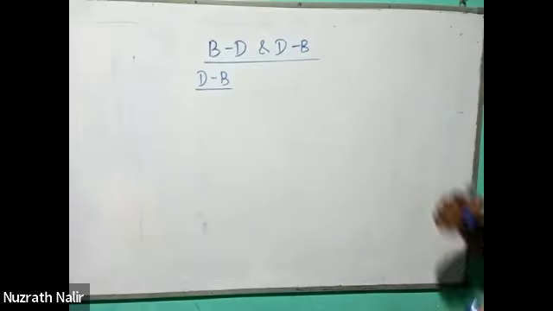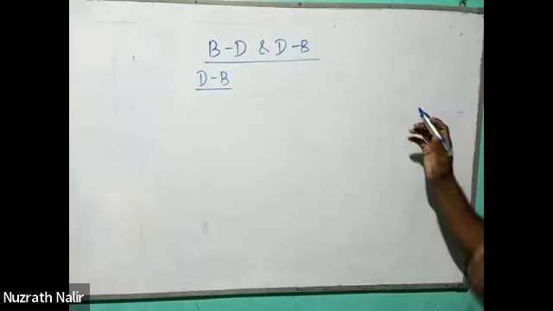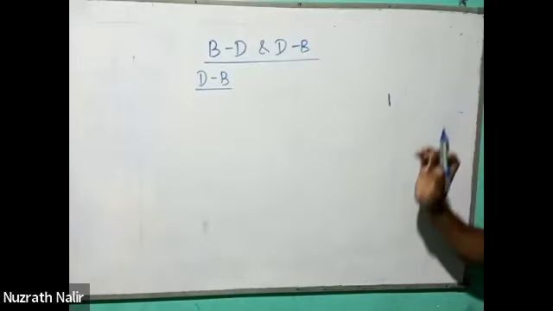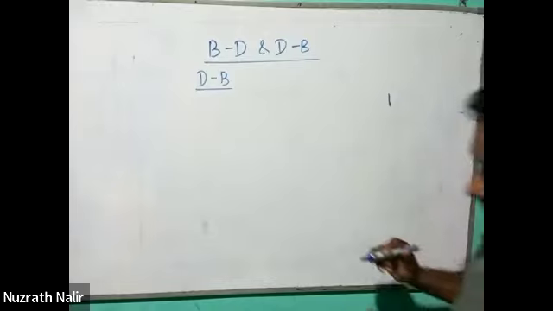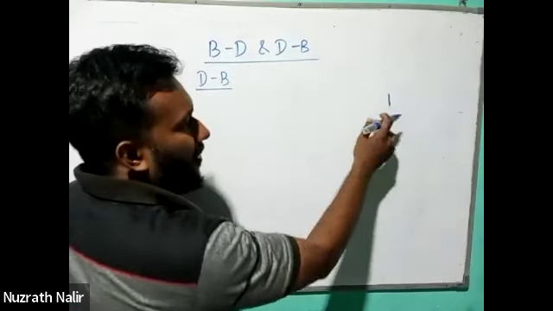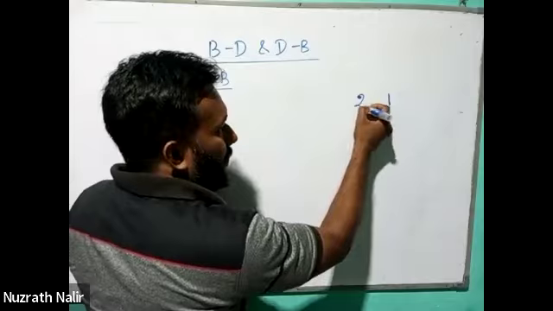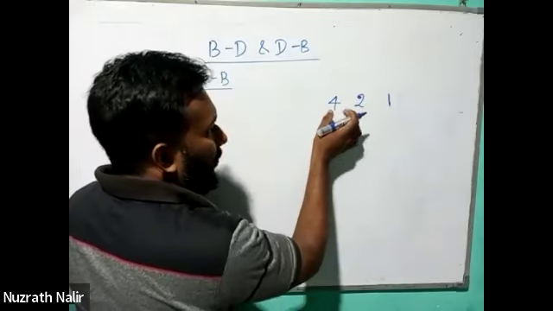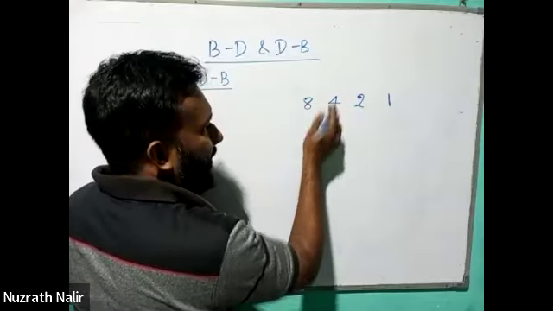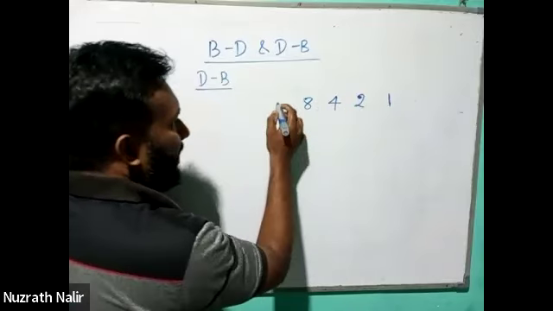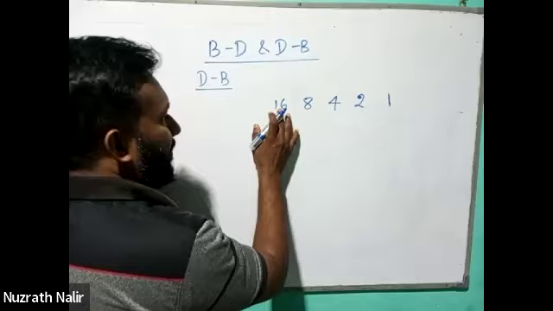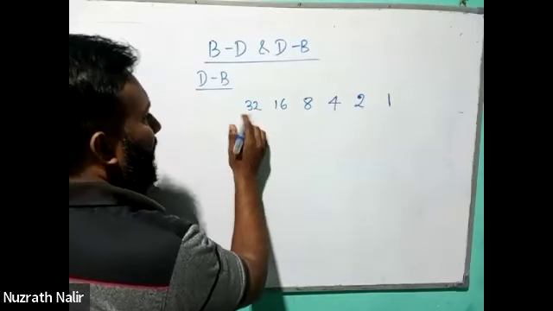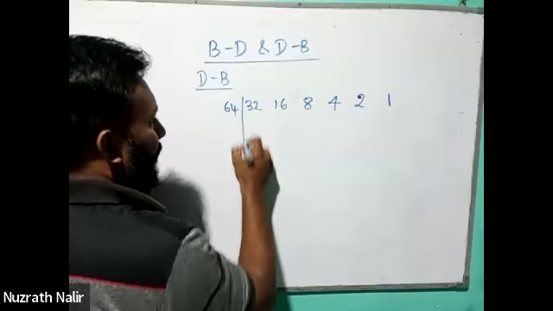Okay. Now just write down the numbers as they are. Look at this one. First 1. Write down the 1. 1 plus 1 is equal to how much, my dear students? 2. 2 plus 2, 4. 4 plus 4, 8. 8 plus 8, 16. 16 plus 16, 32. 32 plus 32, 64.